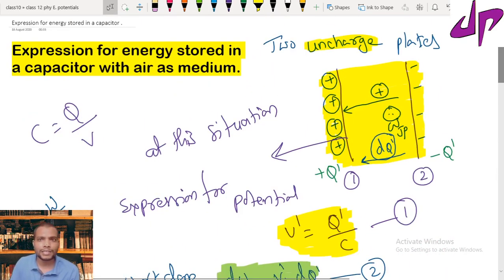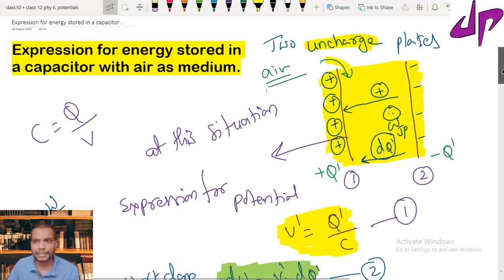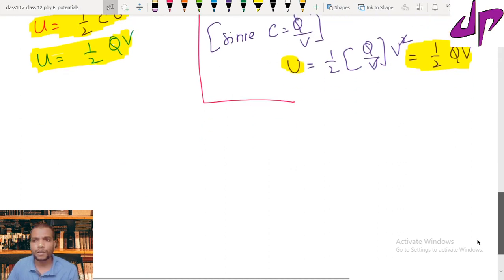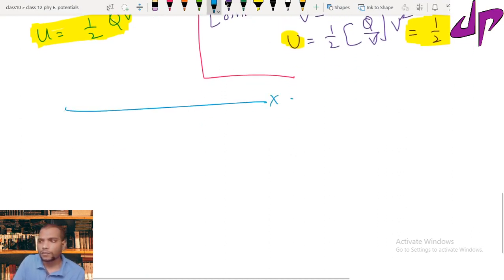Here the medium I have taken is air. Suppose we take a dielectric medium instead.